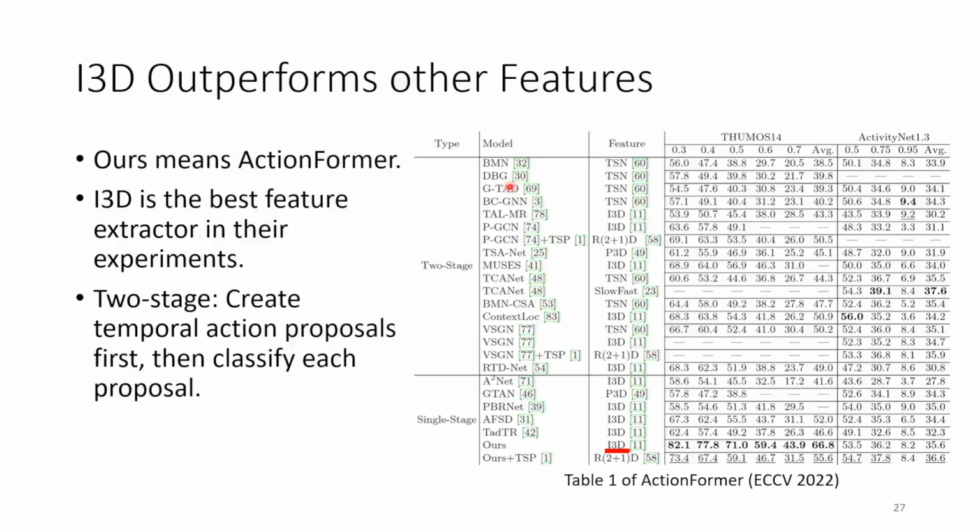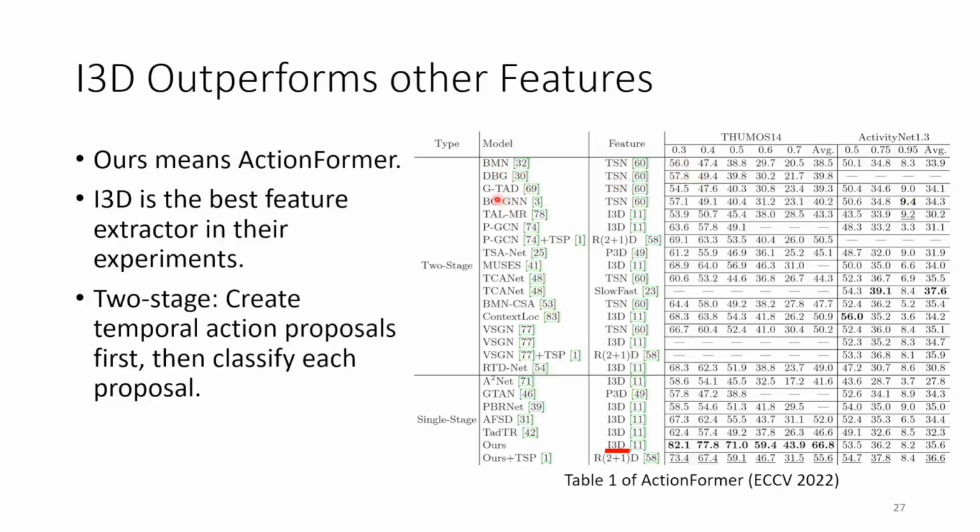Okay. All right. Yes. As an author, how do you choose which previous models to include in your results tables? Okay, usually, for example, you see BMN, DBG: when they submitted their paper, they included BMN because their performance is better than this.